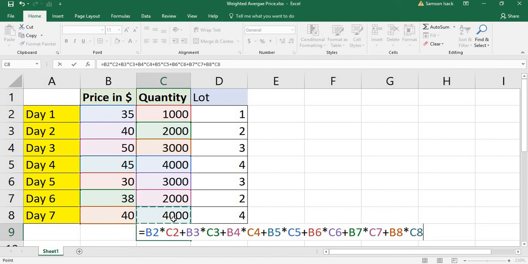This will give you the overall sum of the products.